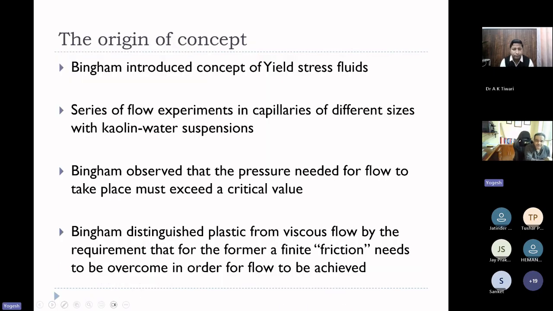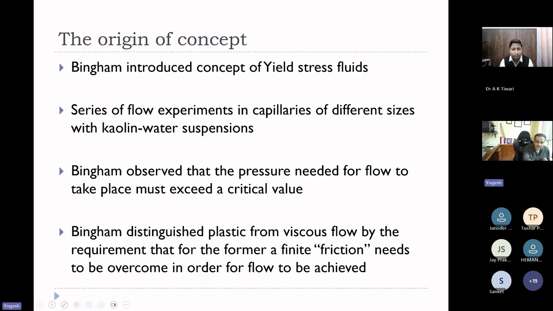Bingham introduced the concept of yield stress fluids in a series of flow experiments in capillaries of different sizes with kaolin water suspension. Kaolin here is a smectite, water-loving, water-swelling clay. Bingham observed that the pressure needed for flow to take place must exceed a critical value.